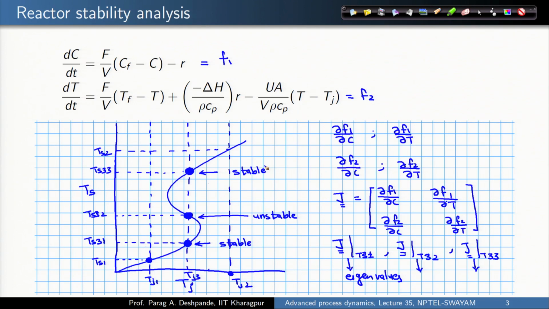These eigenvalues will always be such that the middle point is unstable, which means that both the eigenvalues would be positive. That is the nature we saw previously. The first and the last points would be stable, which means that the eigenvalues would either both be negative, or if they are complex numbers, then the real part would be negative.